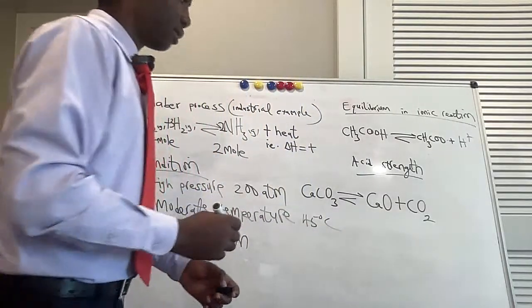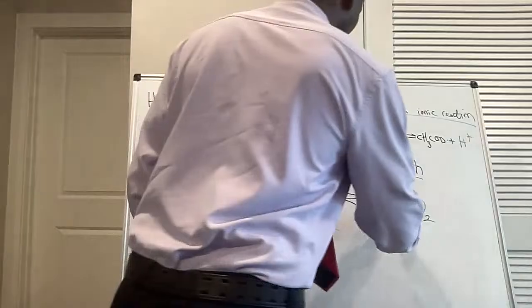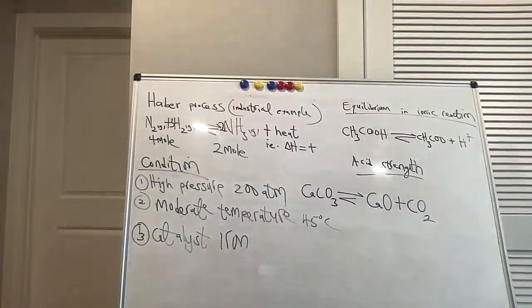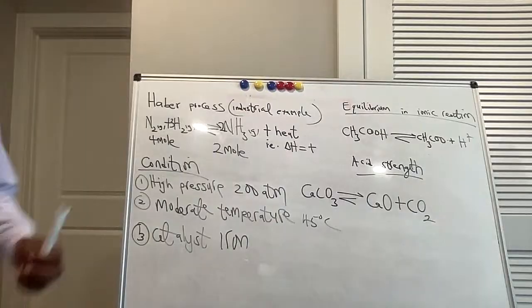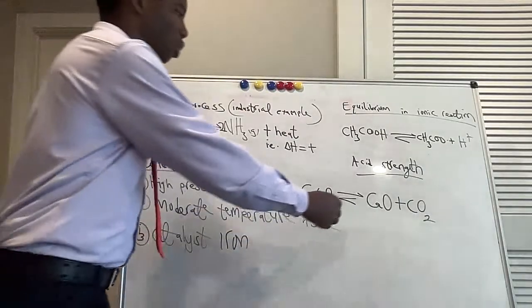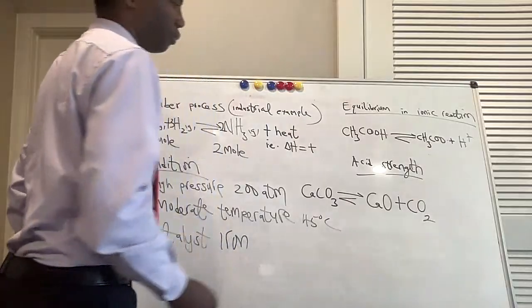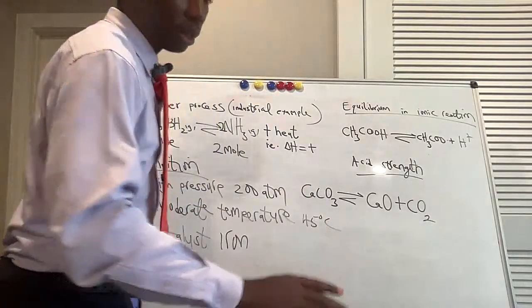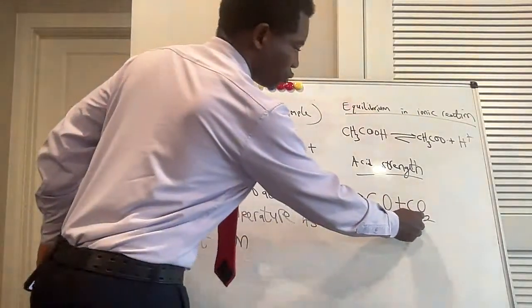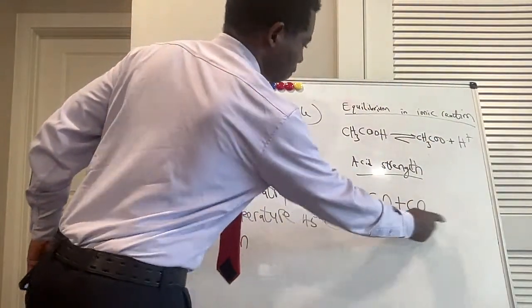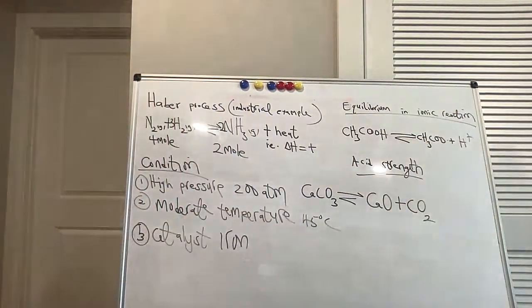Our reaction is balanced. What is the effect of change in concentration? Take a few minutes of your time. Let me put it this way: when carbon dioxide is removed from the product side, what is the effect?